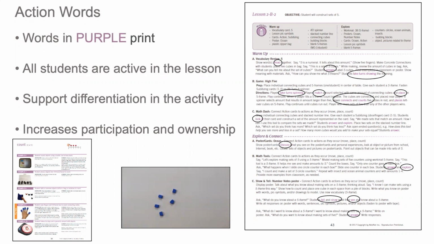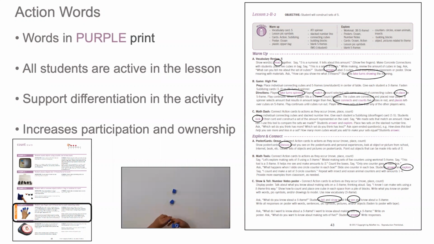So for example, if I'm looking at this page here on the right and I see in the game activity that my student is asked to count a set of cubes. Well, if I know my student will need support in knowing what the word count means and also that physical support of counting itself, I can open up to the page count in the Action Dictionary, take a look at the adaptations, and decide on the one that would support my student in completing that action in a meaningful way.